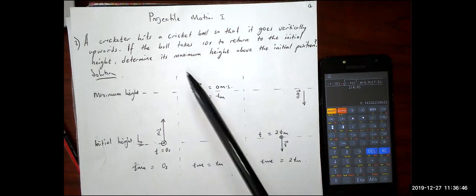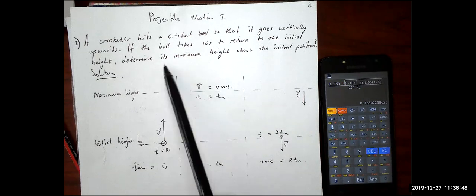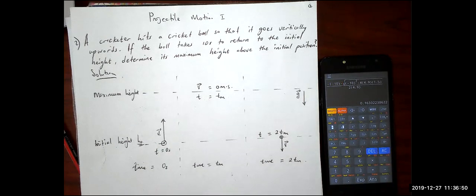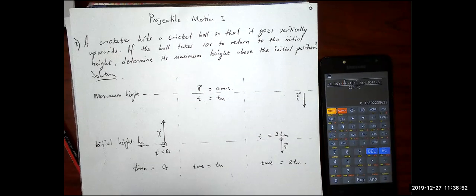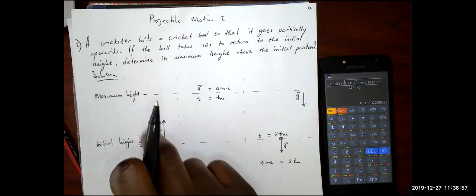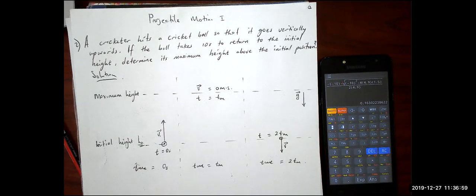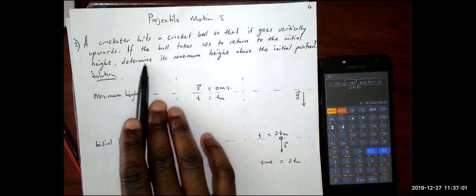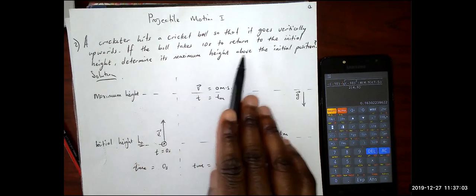So in other words, if we want to determine its maximum height, we're going to say going up. Let's take upward as positive. Determine the maximum height above the initial position.